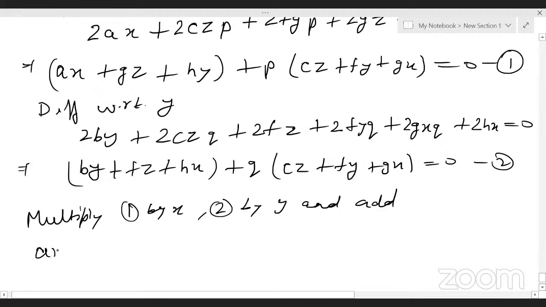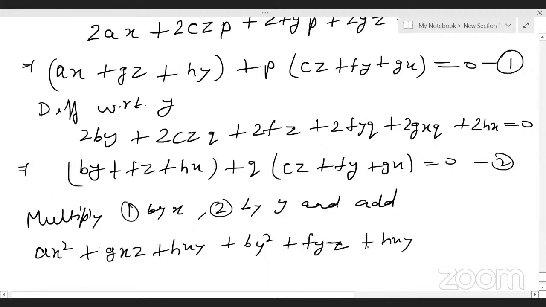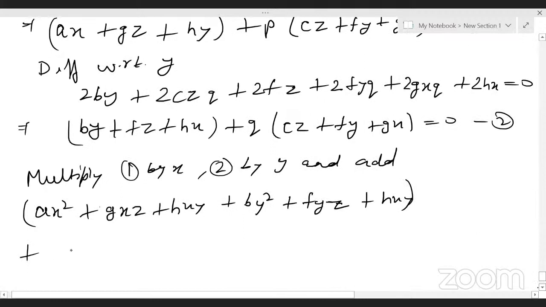So you will see, you will get ax square plus gxz plus hxy plus by square plus f yz plus h xy, plus px plus qy into cz plus fy plus gx is equal to 0.